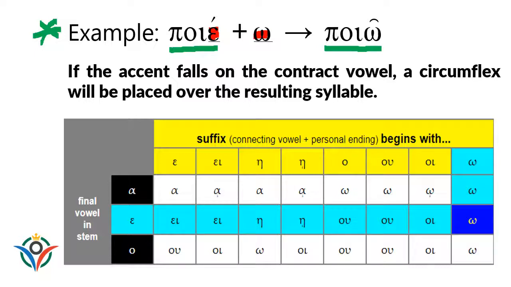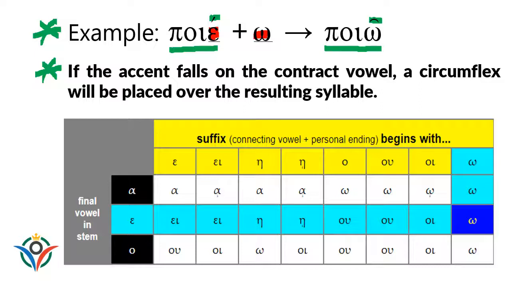Now you'll notice there a circumflex over the top of the omega. So let's just read here quickly. If the accent falls on the contract vowel, all right, which it does here, we have the acute over the epsilon, a circumflex will be placed over the resulting syllable. All right, as is the case with the example here.